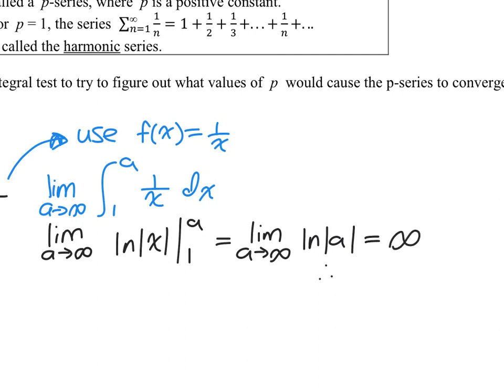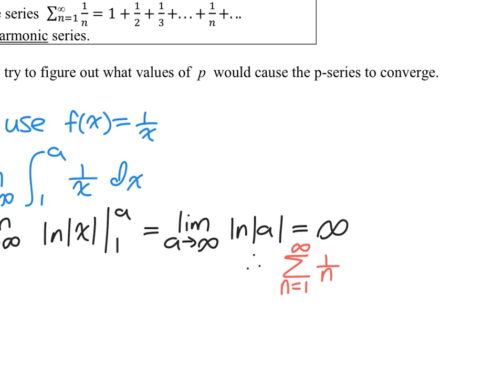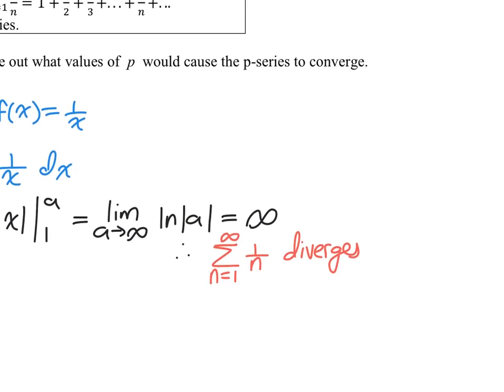Therefore, the sum from n equals 1 to infinity of 1 over n diverges by the integral test.